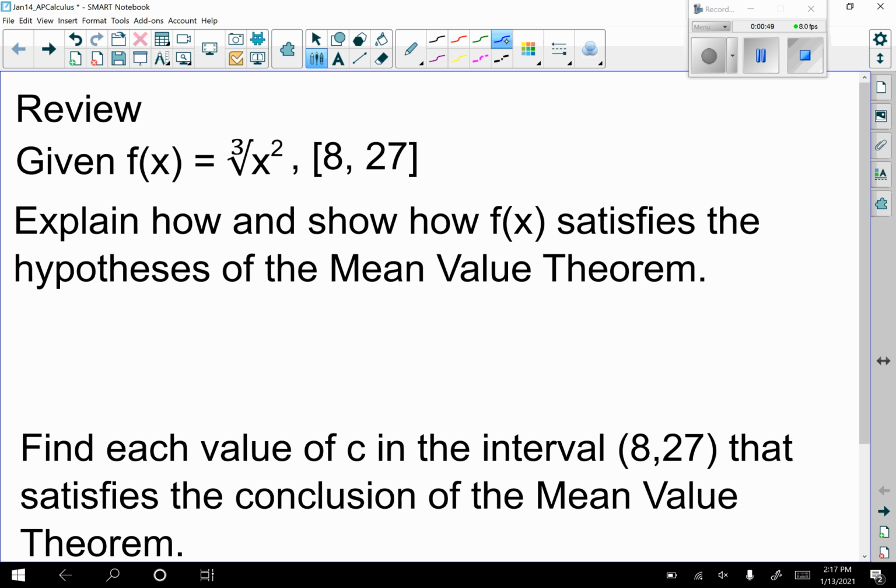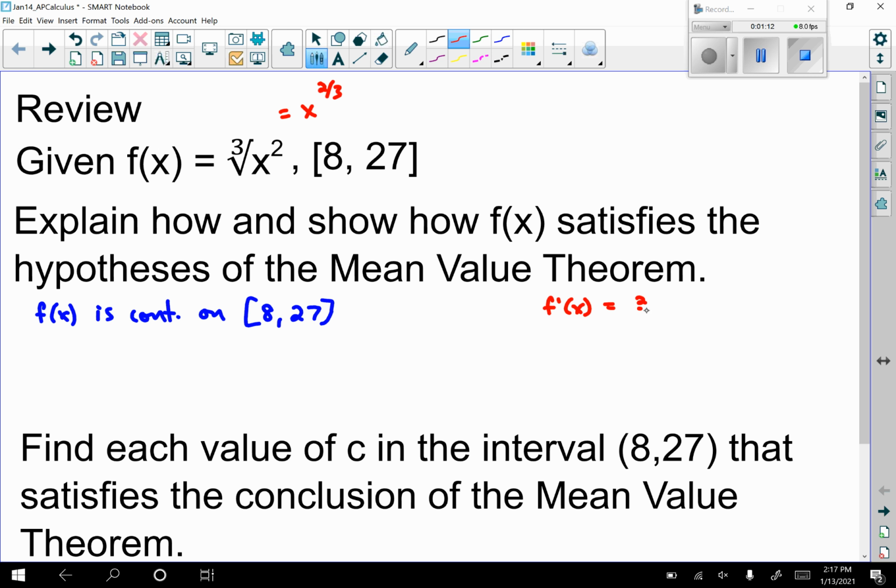So we're given a closed interval and f is continuous on the closed interval from 8 to 27. Then off to the side, let's just go ahead and state what f prime of x is. So we could think of this as x to the 2/3.